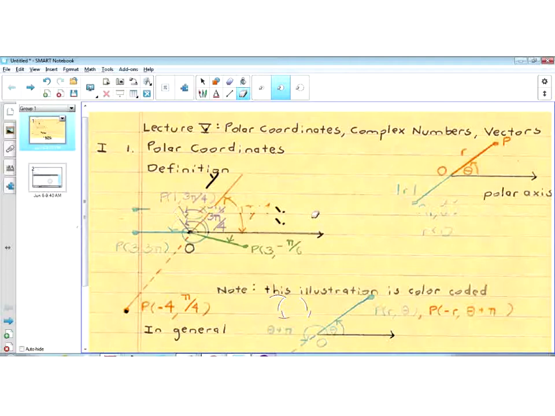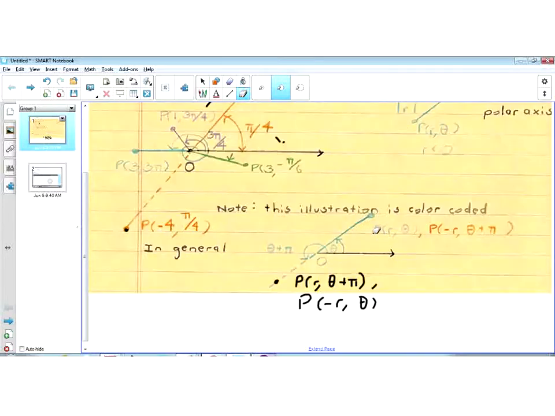Again, I'll emphasize, say you have r and theta both greater than 0, and you plot in space, in this case, a quadrant 1 polar point (r, theta).